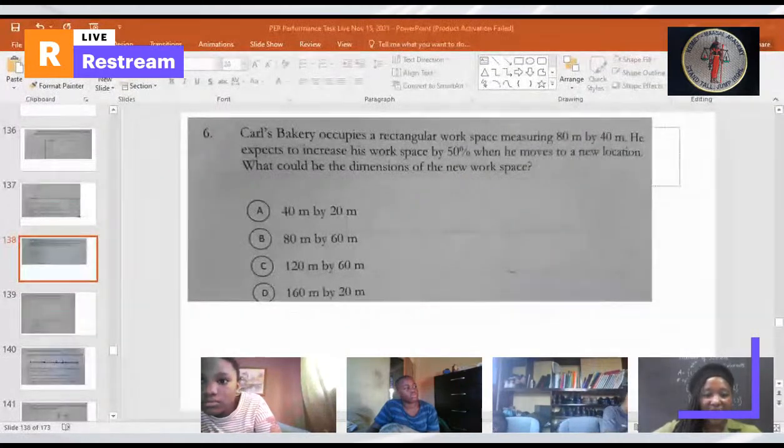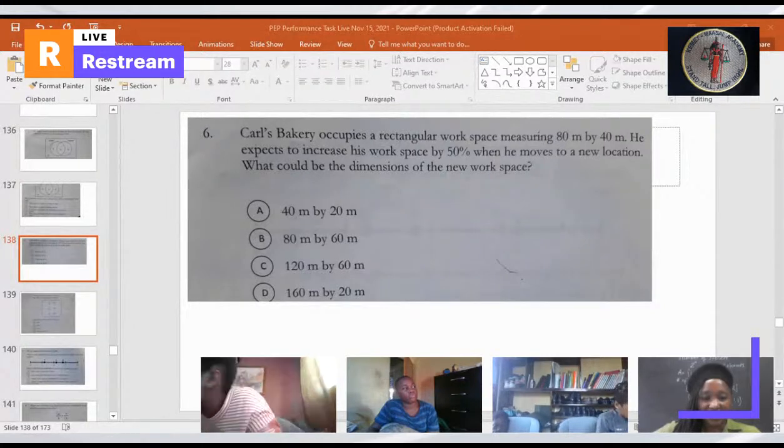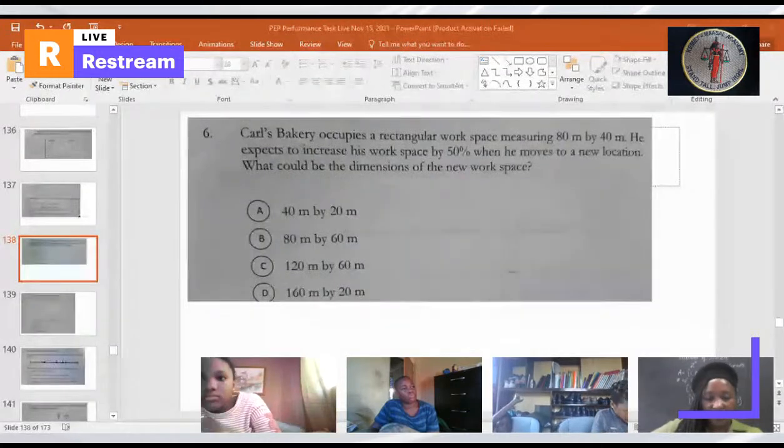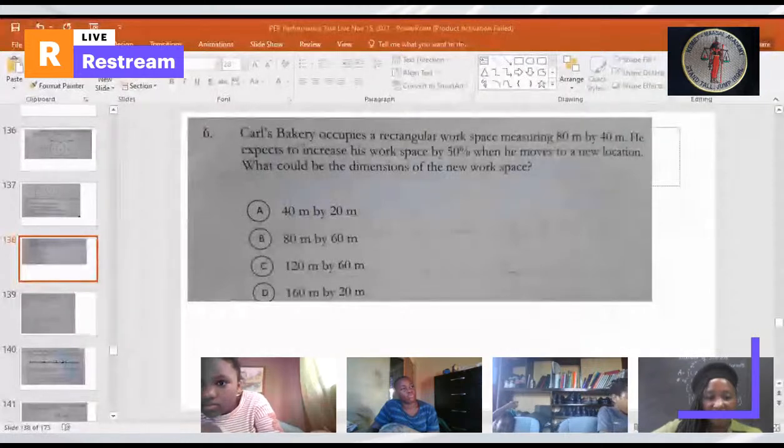So if Carl is going to increase his workspace by 50%, what would the new dimensions be? That's what they're asking. What would be the new length and the new width if he increases his workspace by 50%? Miss, I think it's C.